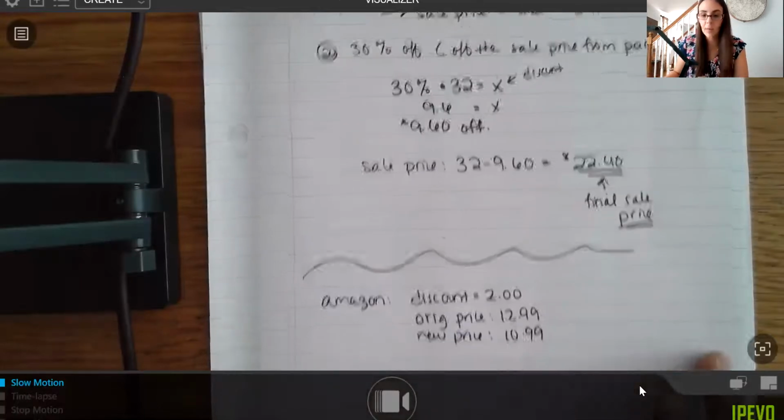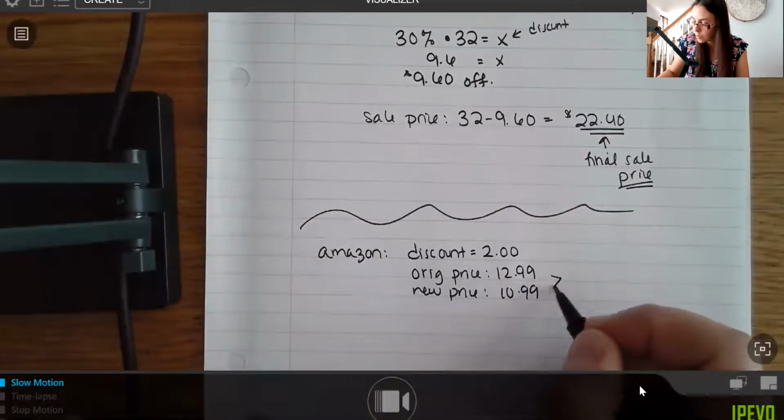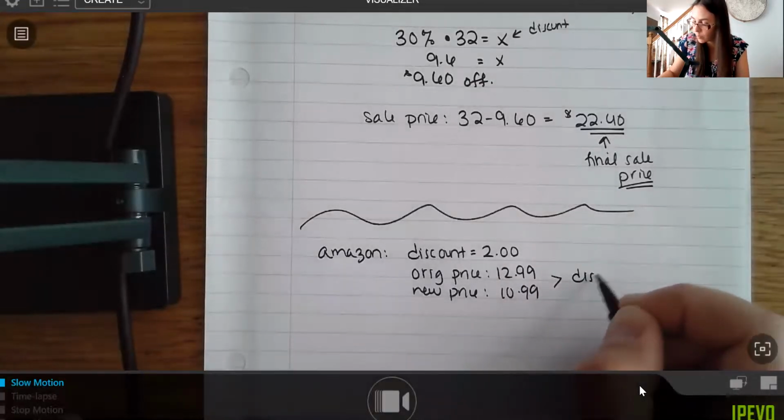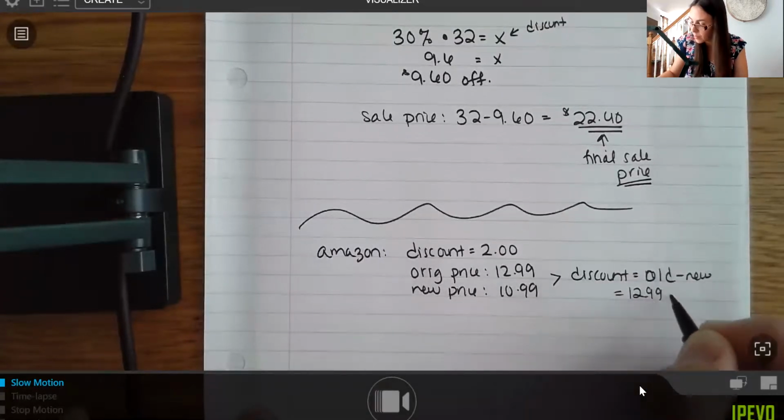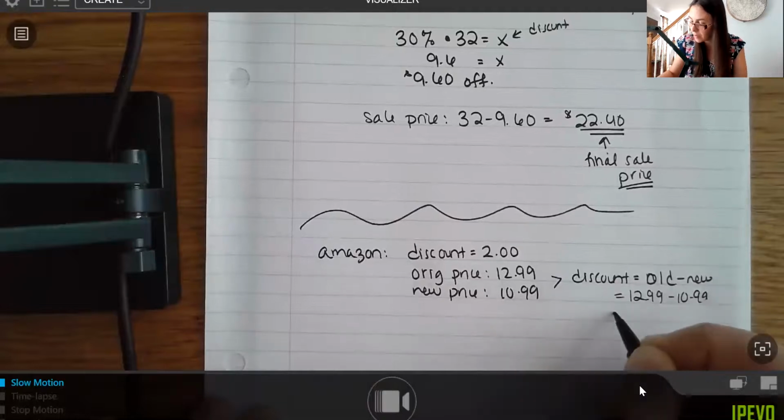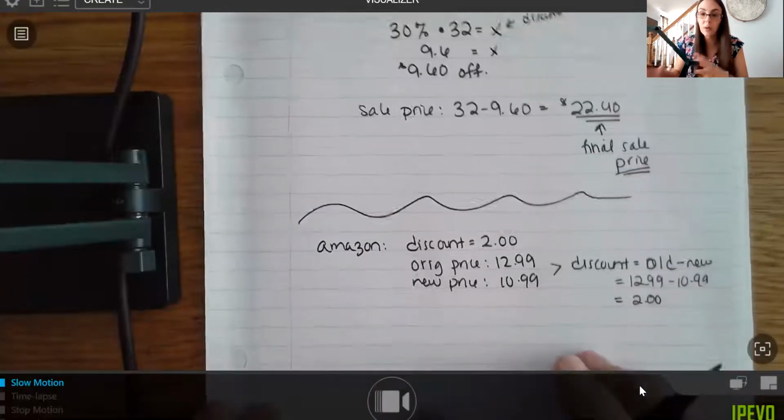So you can see where the discount came from here, right? So another way to find the discount if you don't have the percent is to take the old minus the new. So if you do $12.99 minus $10.99, you can verify that that change is still $2.